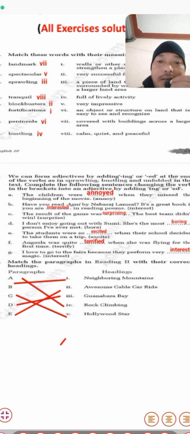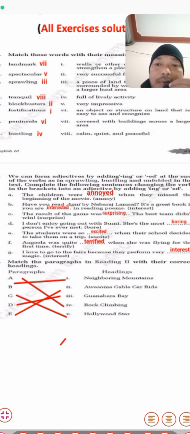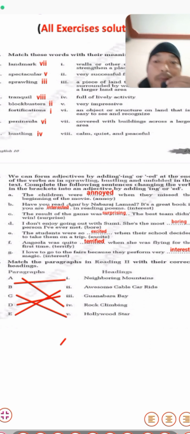The first one, the verb given is annoy. The children were annoyed when they missed the beginning of the movie. And next one, here is the verb interest. Again we are using ed here. You are interested in reading poems.